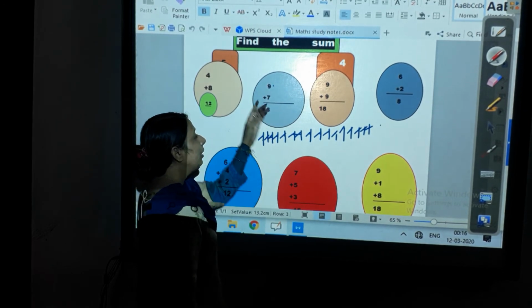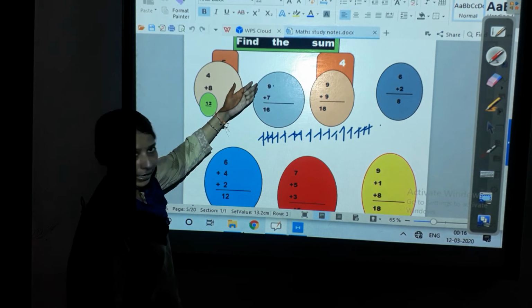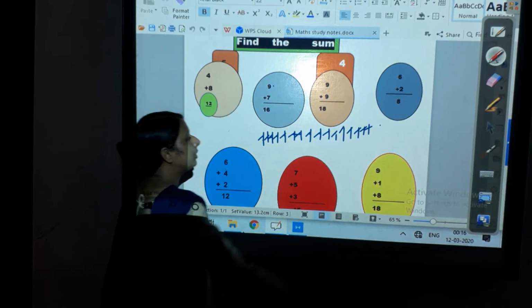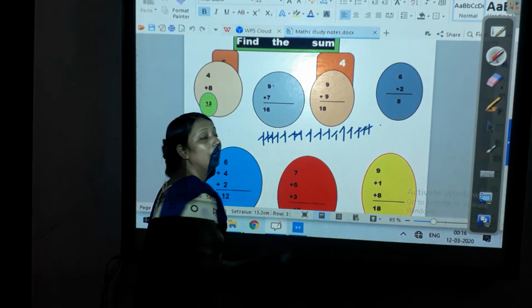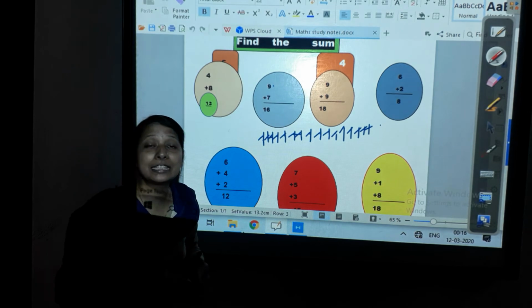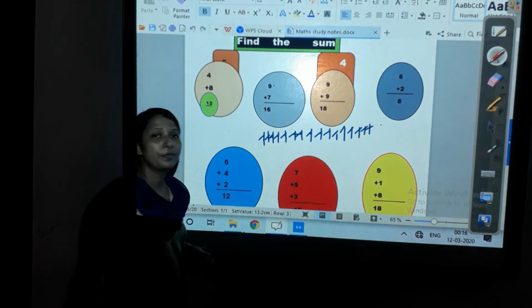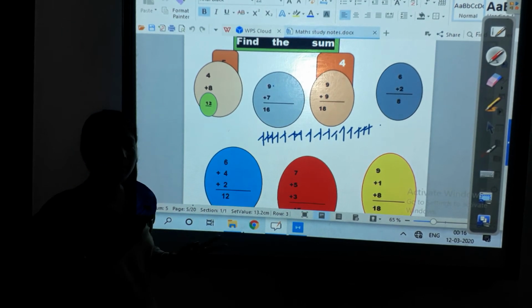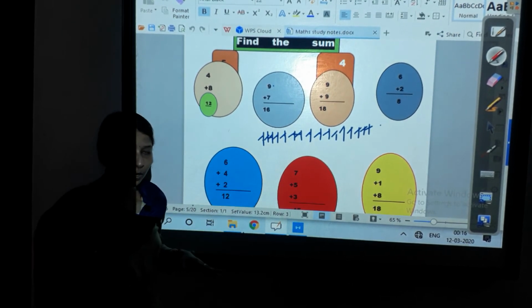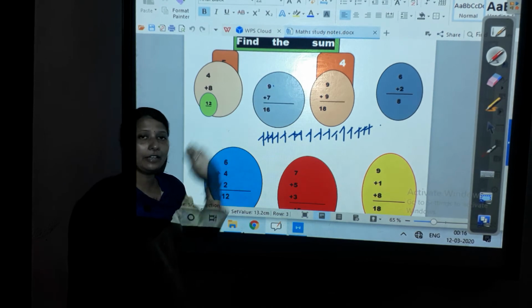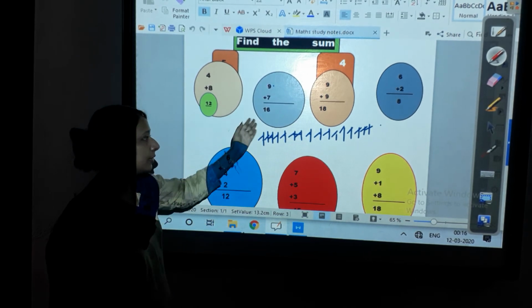So the addends were 9 and 7 and the sum is 16. So 9 plus 7 is equal to 16. Tell me everyone, just repeat once more. 9 plus 7 is equal to 16.